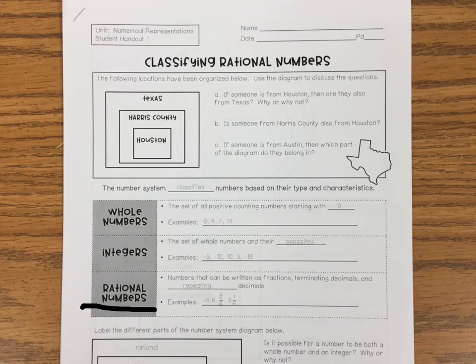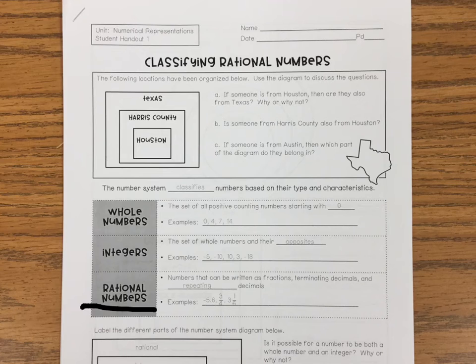On the bottom section, it says label the different parts of the number system diagram below. It's got whole, integer, and rational. So we're looking at the whole numbers and just kind of a quick little review. The whole numbers are just a small section of what's there.